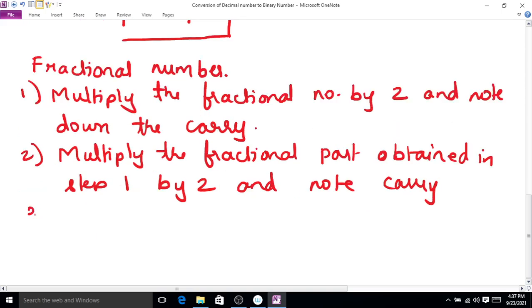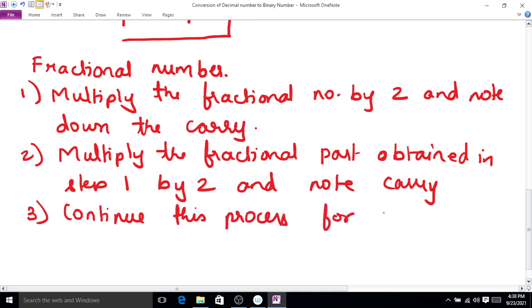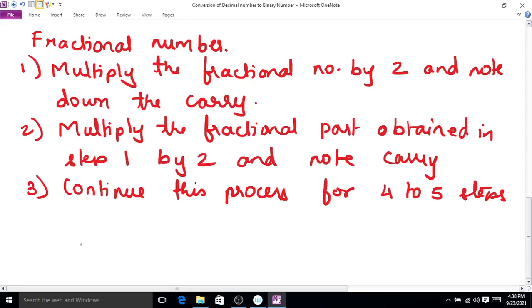Third step, continue this process for 4 to 5 steps to get the binary equivalent of the given fractional number.